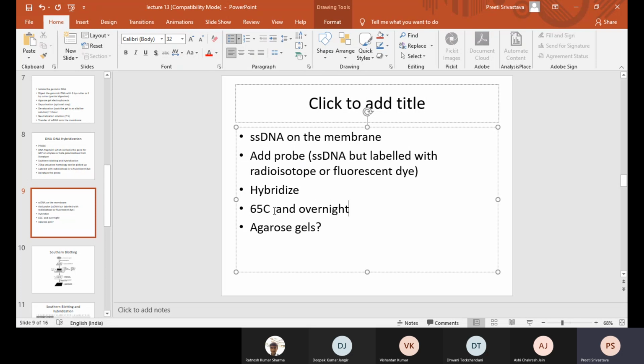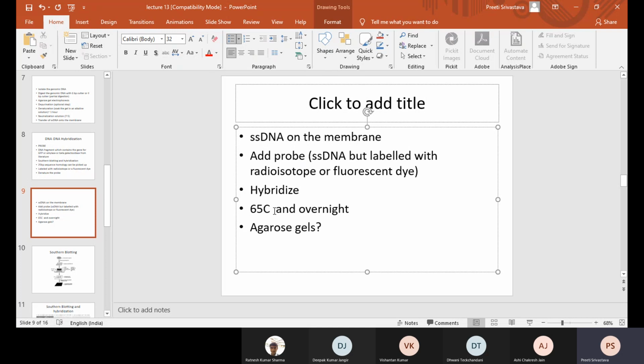That means 12 to 16 hours. So if we do not do this hybridization on a membrane, then the agarose gel will soften up and finally melt. It cannot sustain 65 degrees and such long hours. So therefore we perform this hybridization onto a membrane.